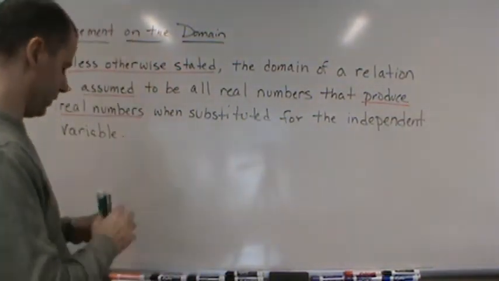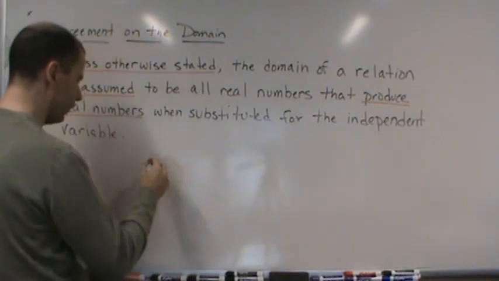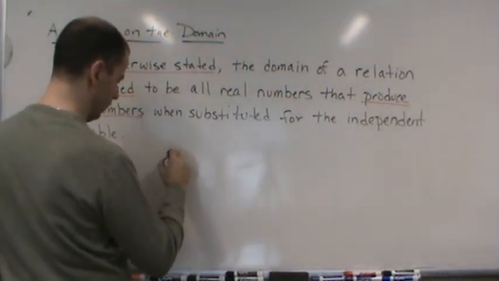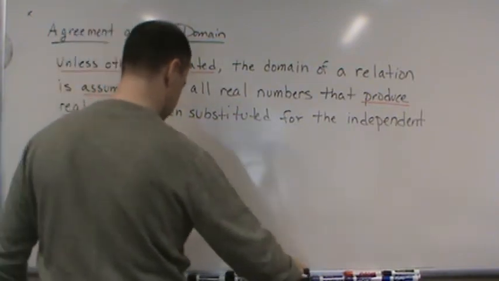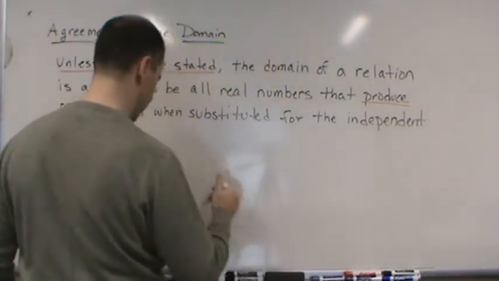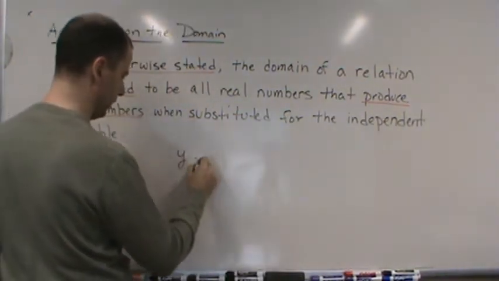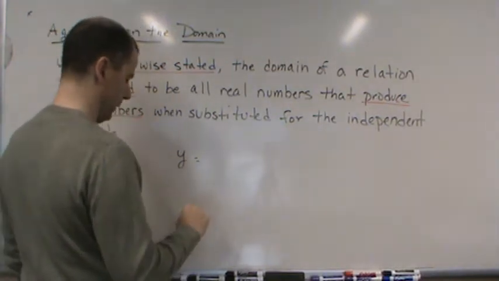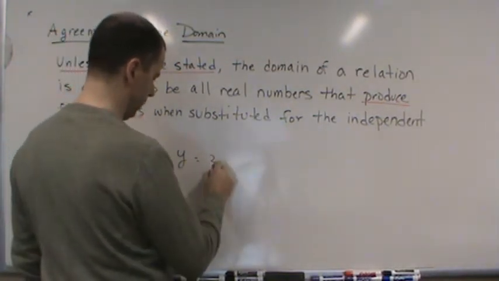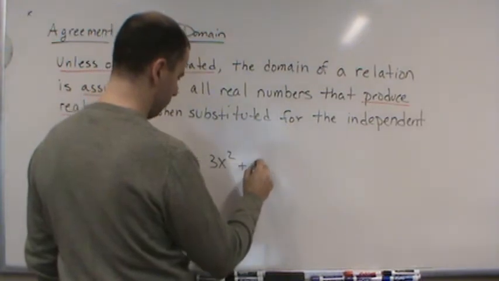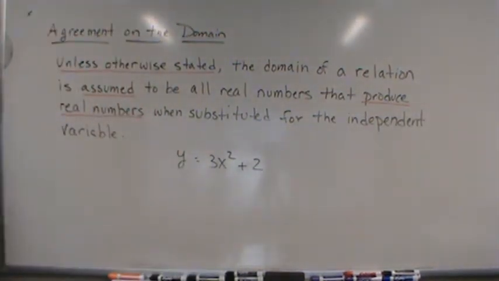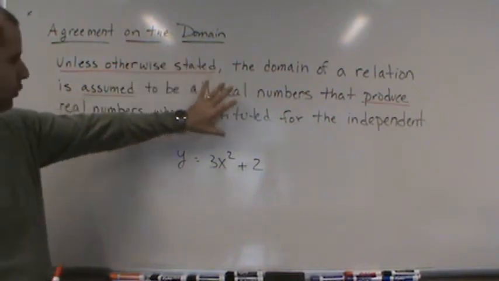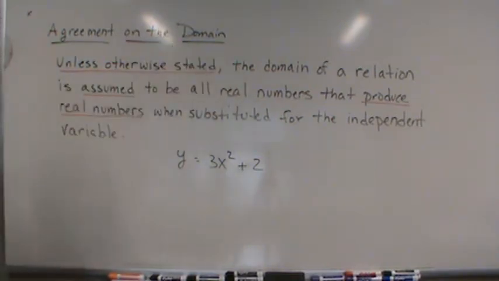So for example, if I have an algebraic function, let's just do this one. Let's do y equals 3x squared plus 2. Now the domain, if we use this agreement on the domain, what's the domain?